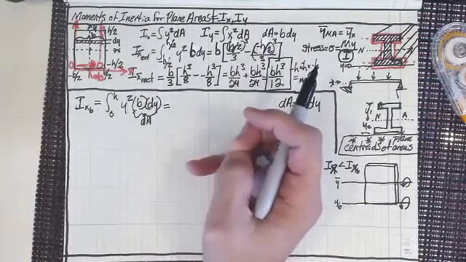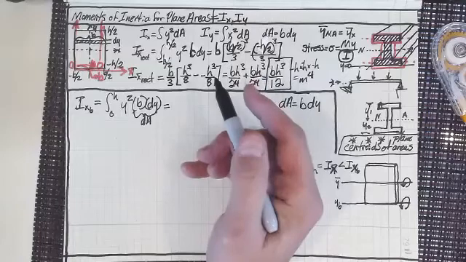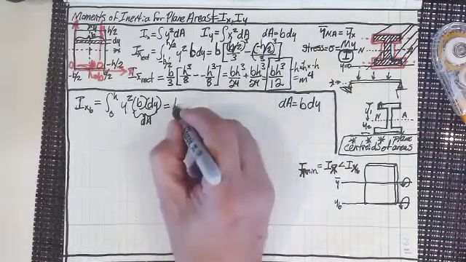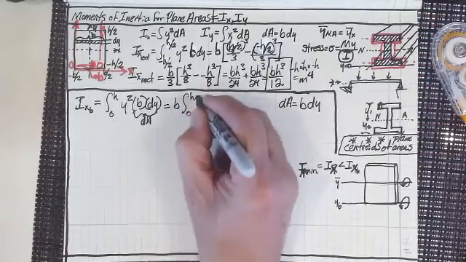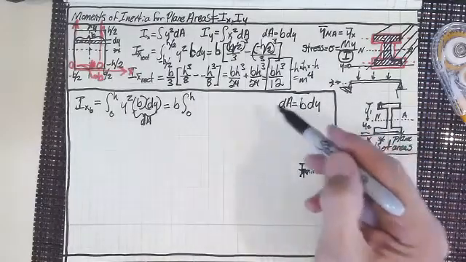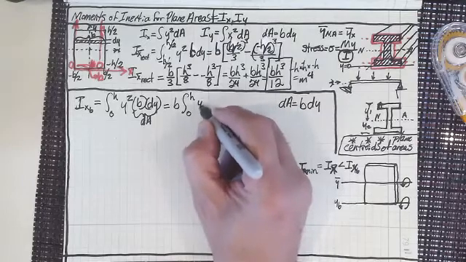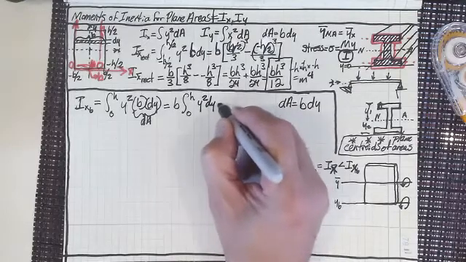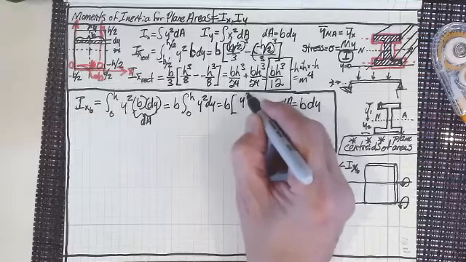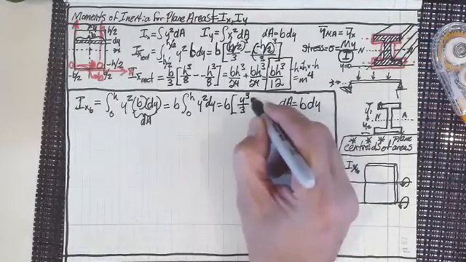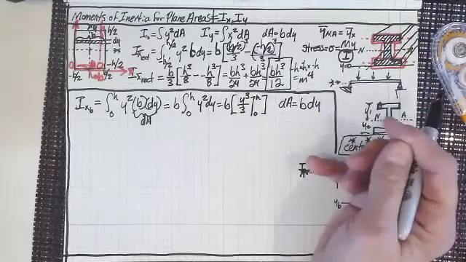Well, let's solve that. We can pull b outside, and then I'm going to write this out, 0 to h, and then I've got y squared dy, so I've got b times y cubed over 3, evaluated from 0 to h, right?